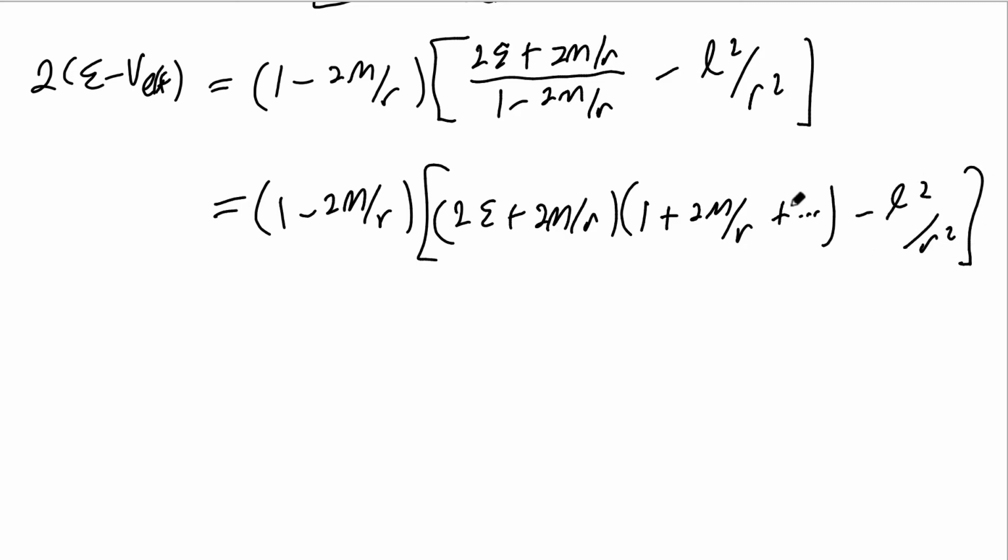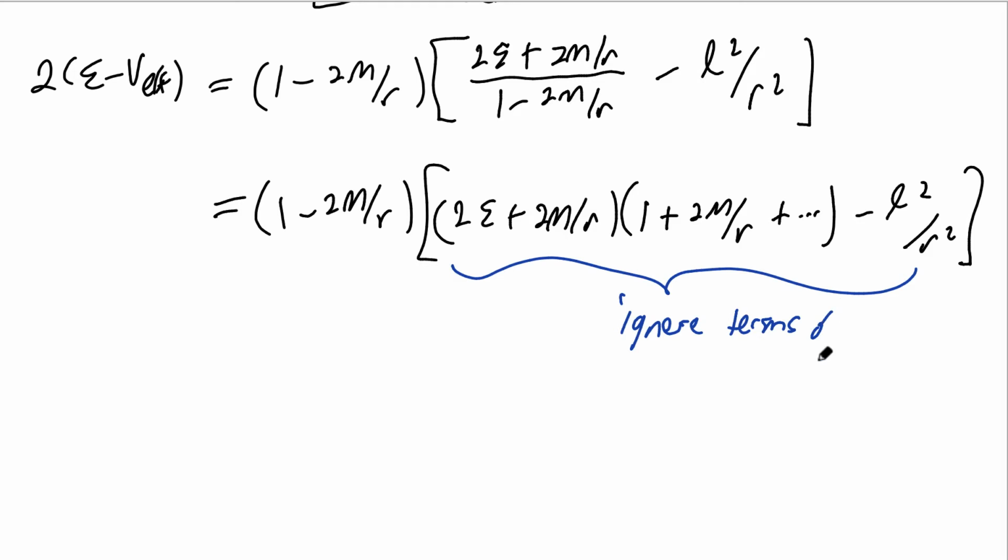So the higher order terms here are of order 2 in smallness, multiplied by either one of these gives an order 3 quantity. So what we're ignoring here is terms of order 3 in smallness and higher.